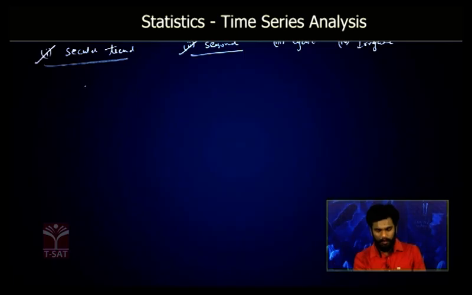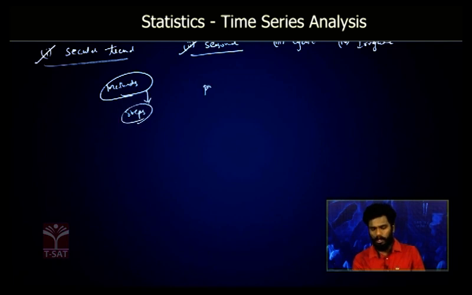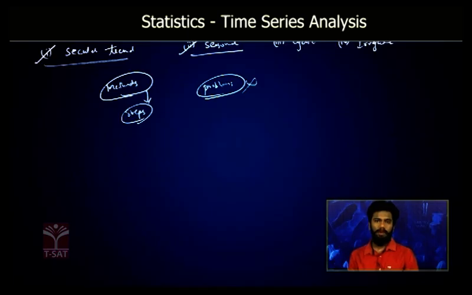We will discuss a few methods for the secular trend and also a few methods for calculating the seasonal variation. You can concentrate only on the methods and the steps involved in those methods. Don't worry about mathematical problems.